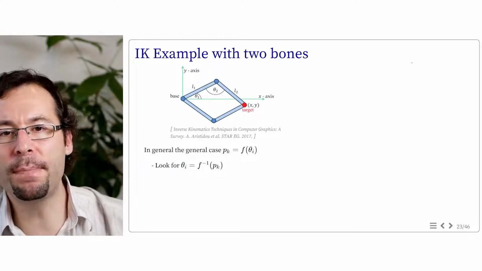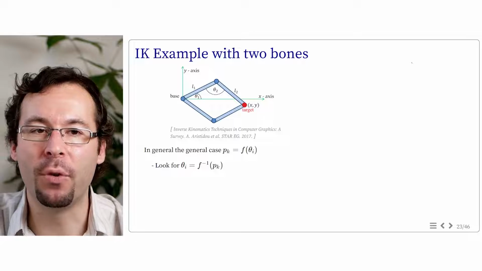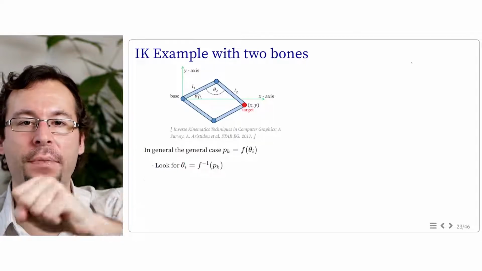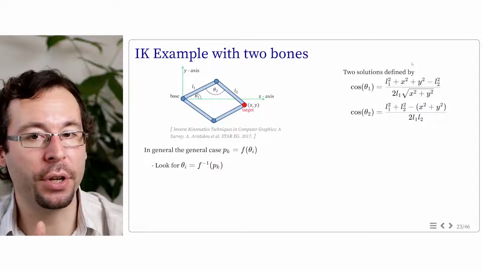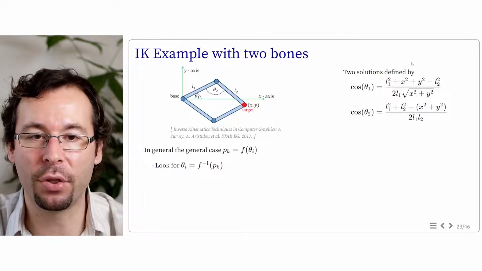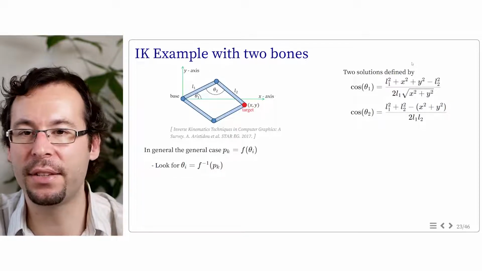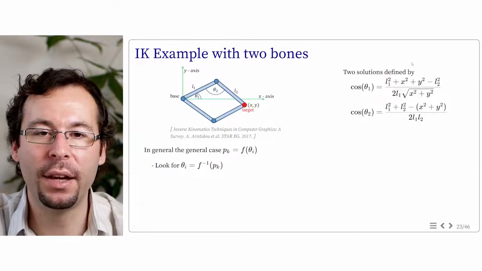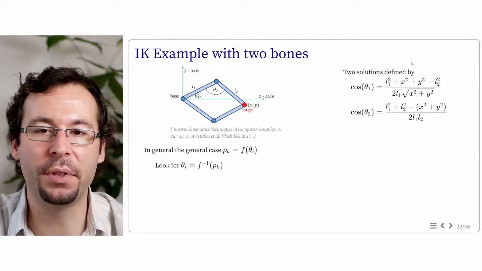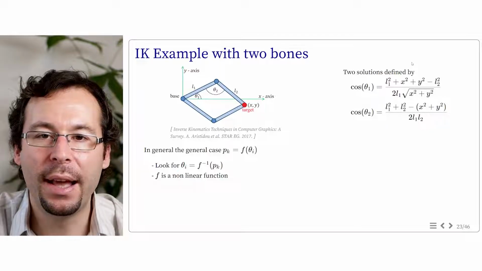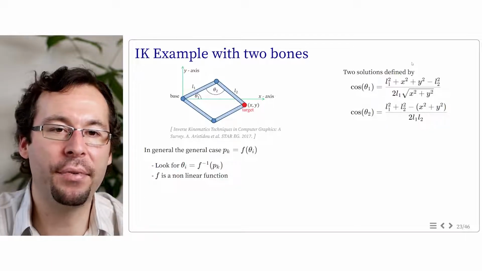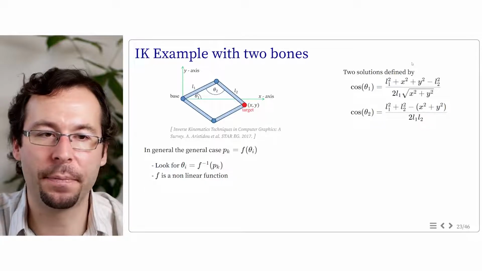Let us look at the simplest possible IK problem, one target along a chain of two bones. Then we can actually compute the closed form solution for the angle θ1 and θ2 with respect to the coordinates of the target x, y, which is valid when the distance of the target to the base is less than L1 plus L2. And we can see that this function, f inverse, is complex.